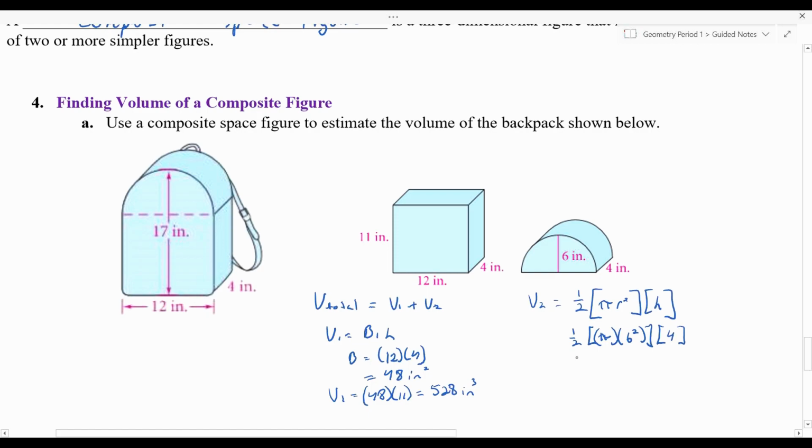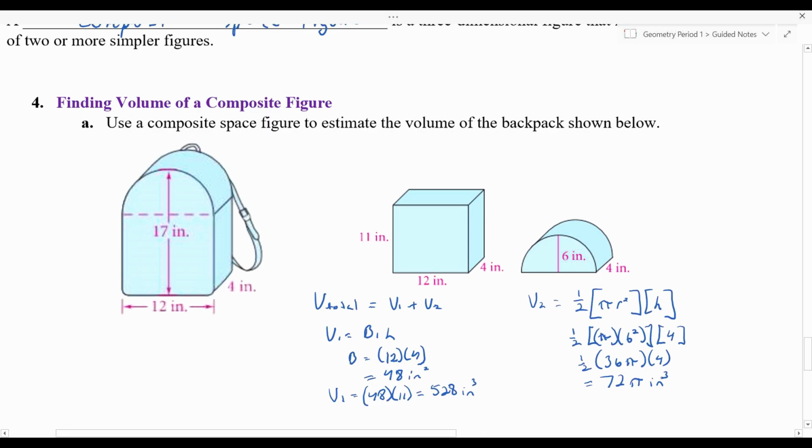Okay, we clean this up a little bit. We get 1/2 times 36 pi times 4. Okay, and that gives me 72 pi. We're dealing with volume, and this is 72 pi cubic inches.